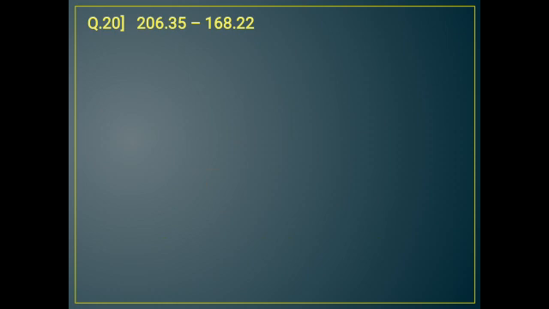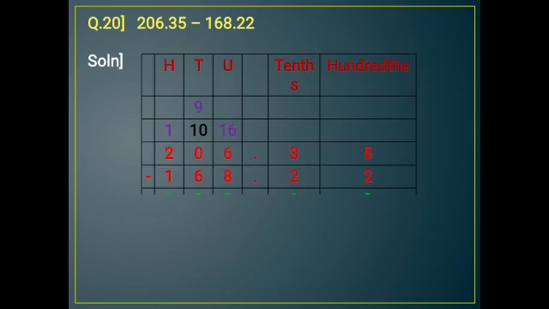Next question number 20. Subtract 206.35 minus 168.22. So the options are 38.13, 39.13 and option C 40.13. So now we'll solve it. See here. You can see here 5 minus 2, that is 3. 3 minus 2, 1, then decimal point, then 6 minus 8 we cannot do, so we are going to borrow from 0.